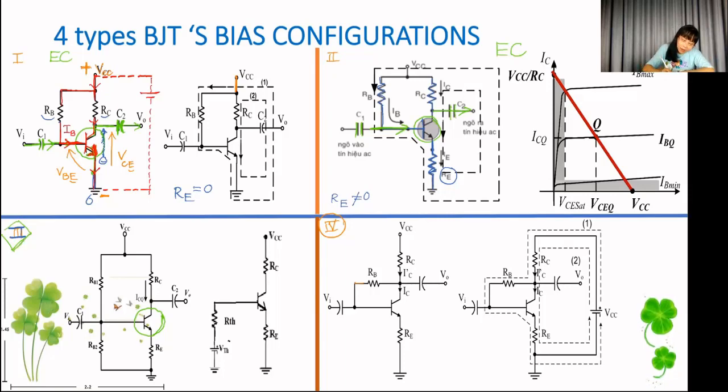You can see here once again, this is a BJT transistor. And we have, oh, wow, 1, 2, 3, 4 resistances. The first resistance on the collector, the second on the emitter, right? This is the second circuit. And on the base we have 2 resistances.